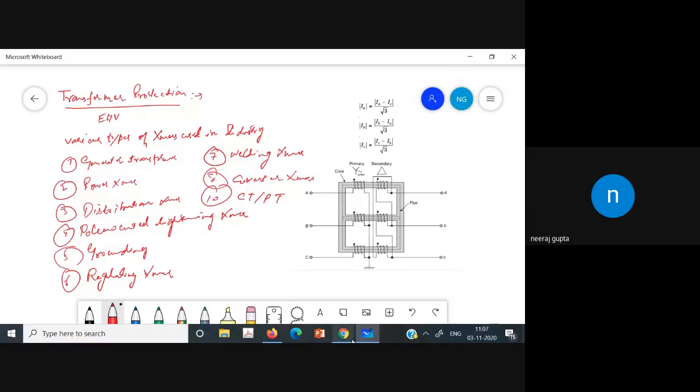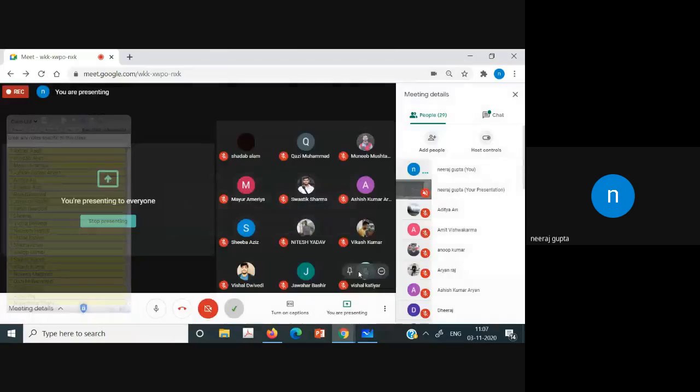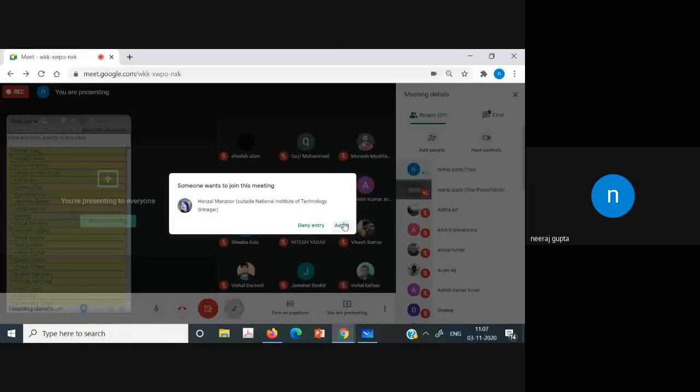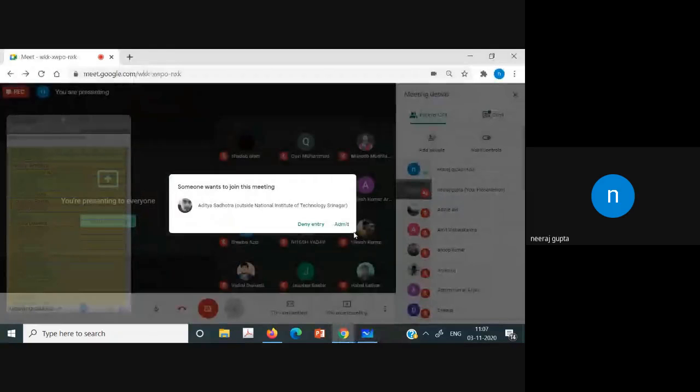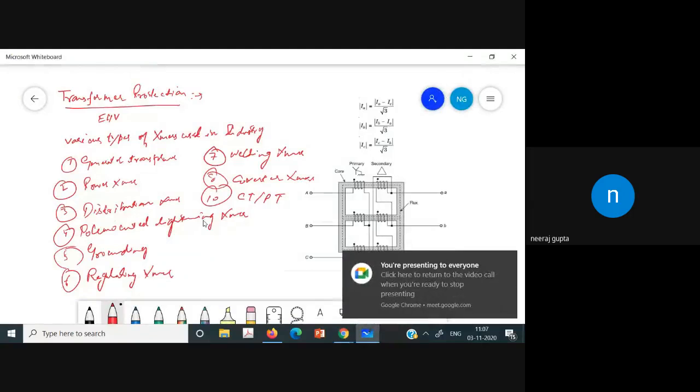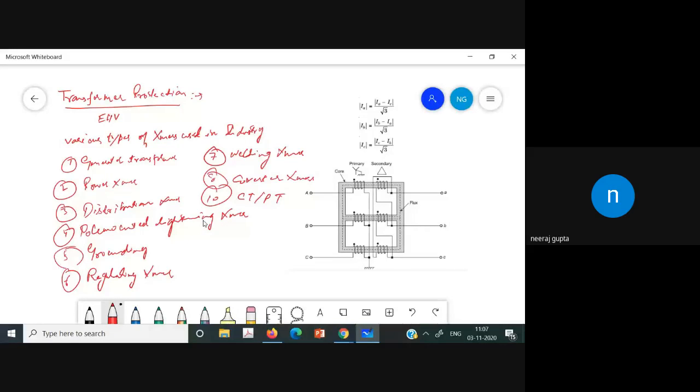Now, if you see a small transformer, let us suppose that we have a small transformer and the capacity, that is the rating of that transformer, is 100 kVA, 11 kV/440 volt.